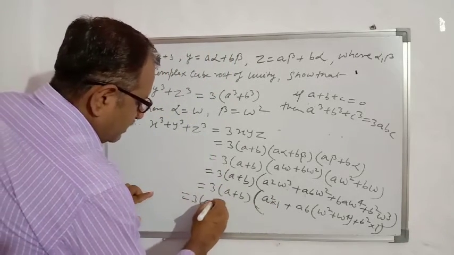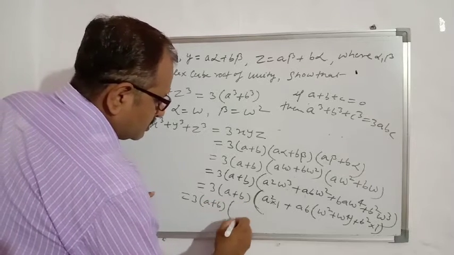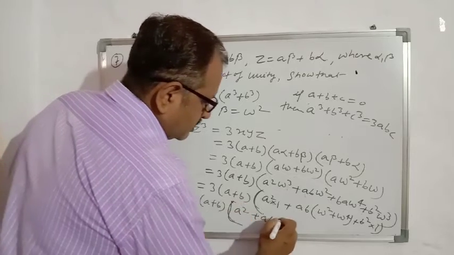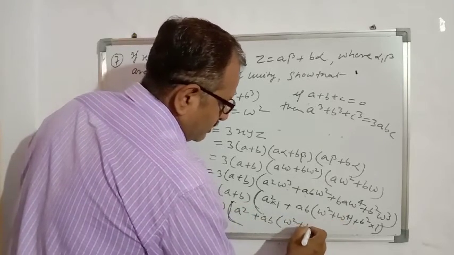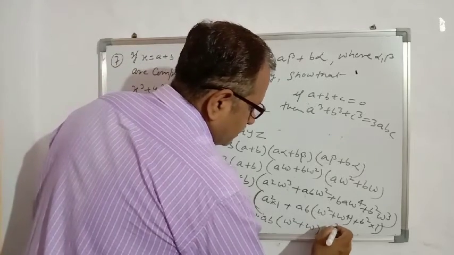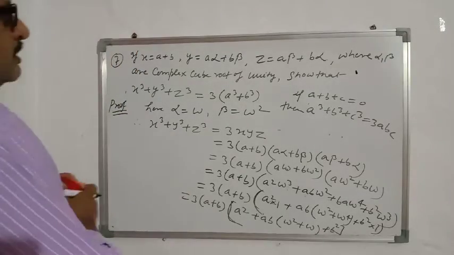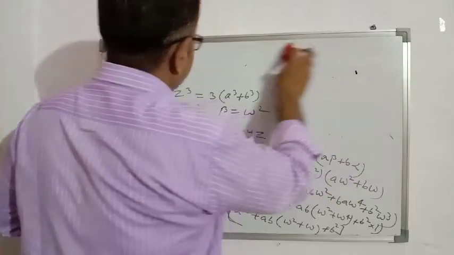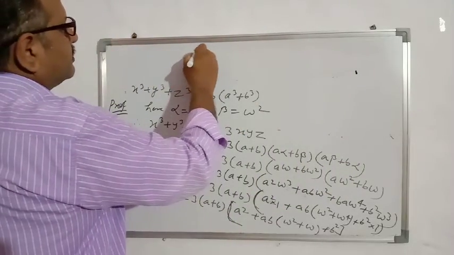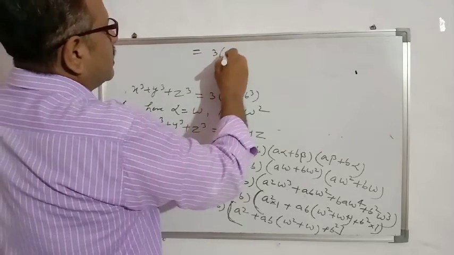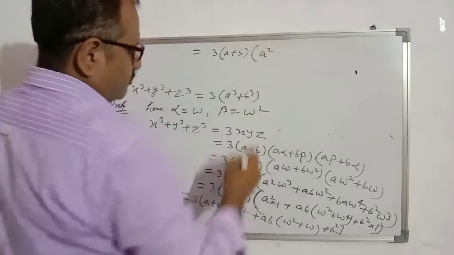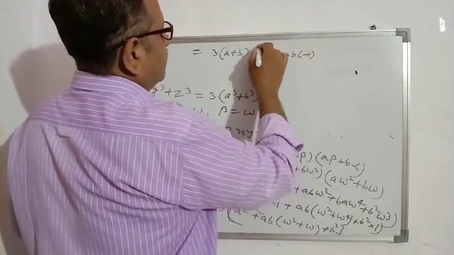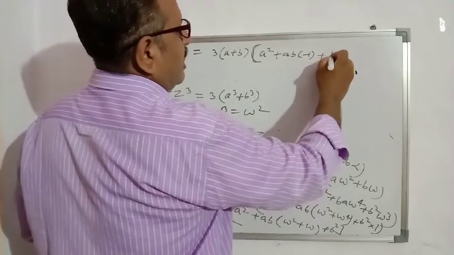So 3 into (a plus b), a square into 1 is a square, plus ab, omega square plus omega, its value is minus 1, plus b square.